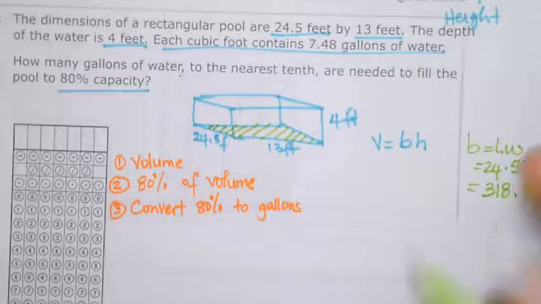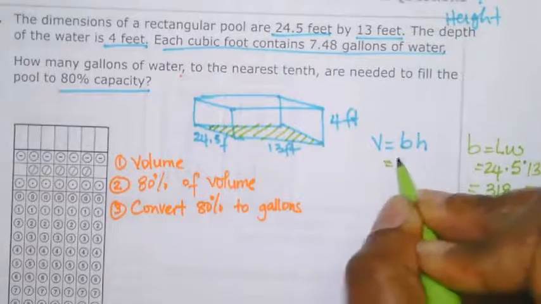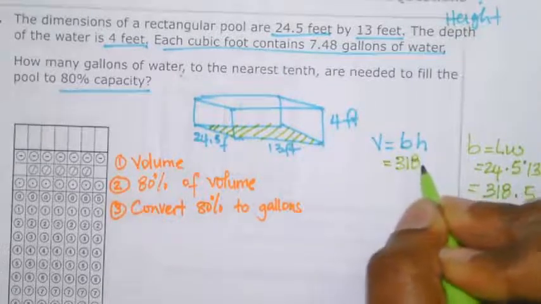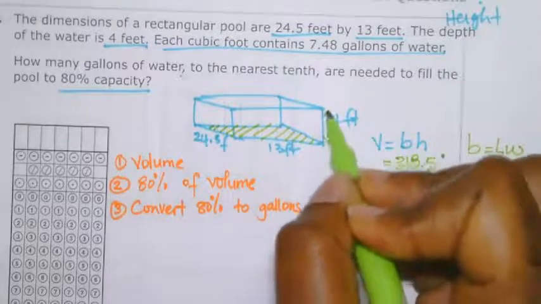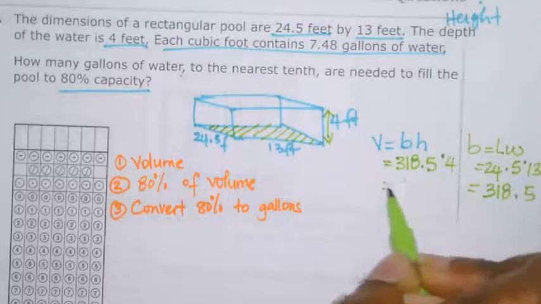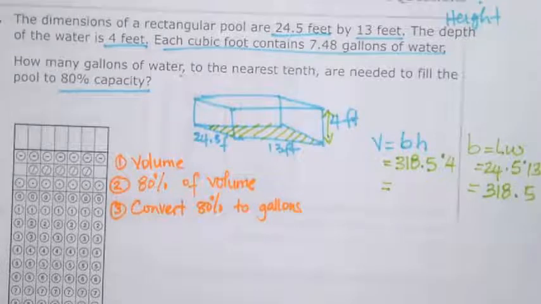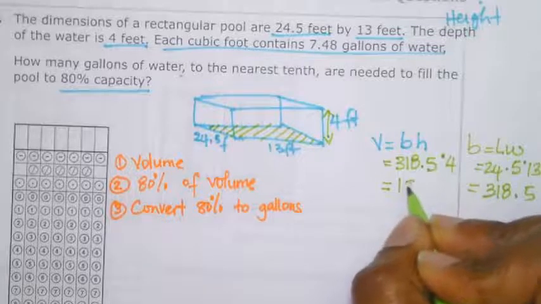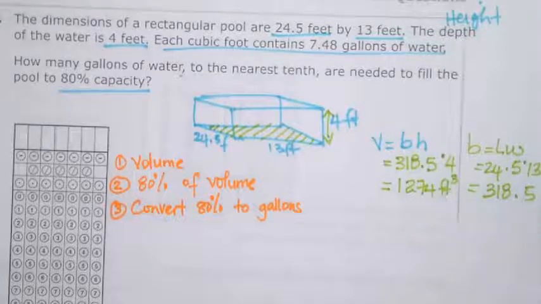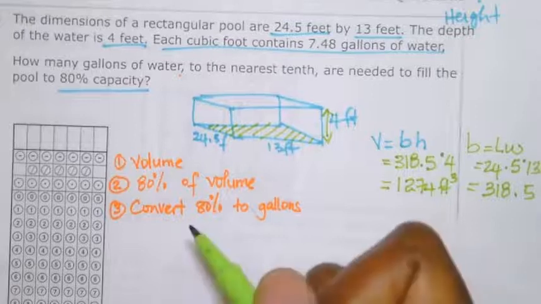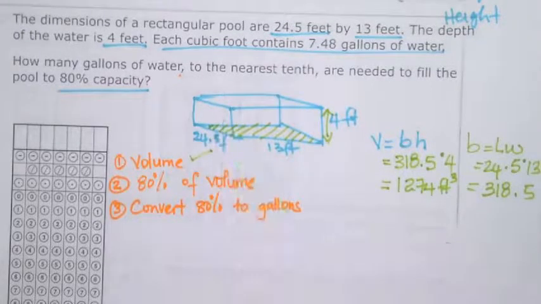So I can replace my B with 318.5 times h, which is my height, which is 4, which gives us 1,274 feet cubed, because that is the volume. Now we found the volume, so we can mark that off.